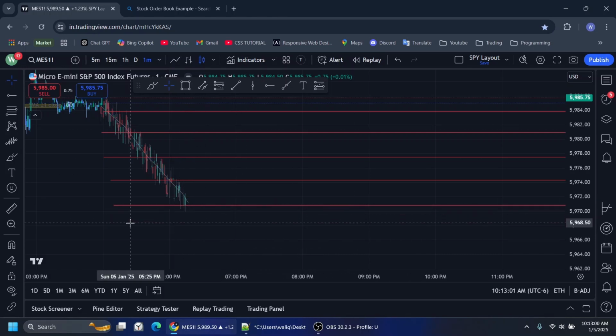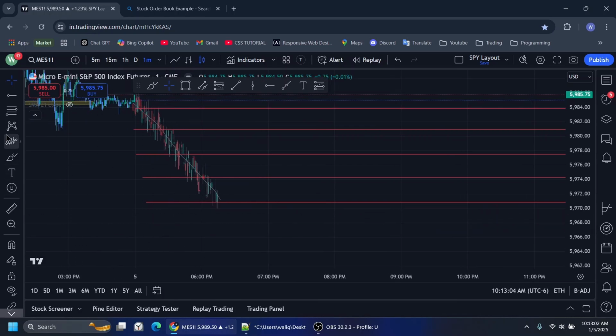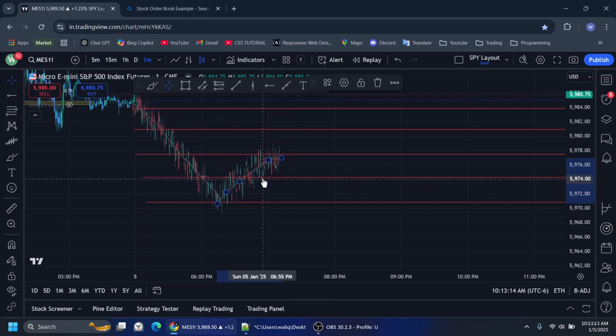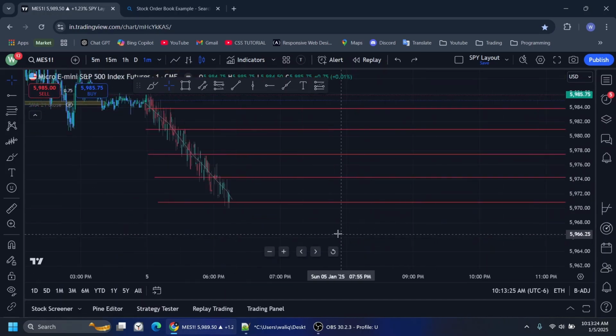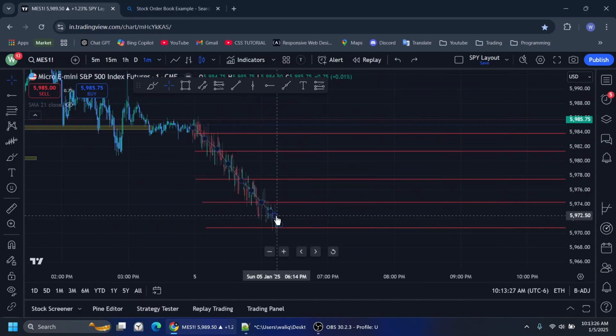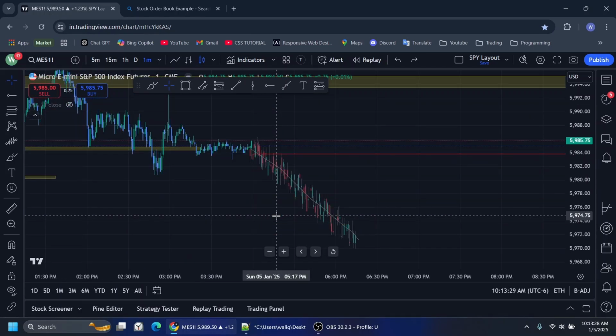And now at this level, what can happen is people can start buying, and the market can go up, because another institution might think, okay, the price is a really good discounted price, let me just buy it right now. So instead, what they're going to do is a very interesting thing I'm about to tell you. Let me remove all of this.